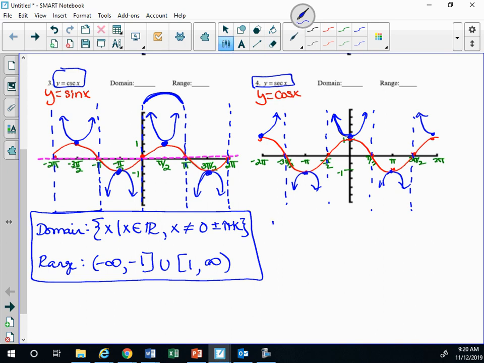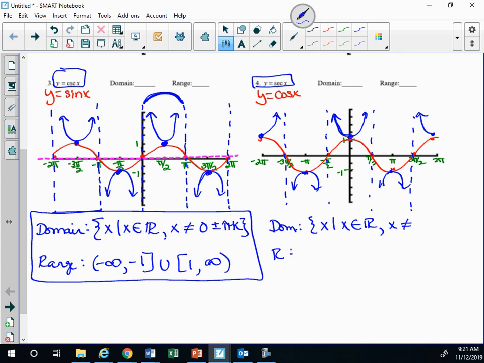All right, guys, so let's try domain and range for secant. All right, so domain, squiggly bracket. It's called set notation. X such that X is an element of the reals, but X cannot equal. Okay, it's different things this time, right?